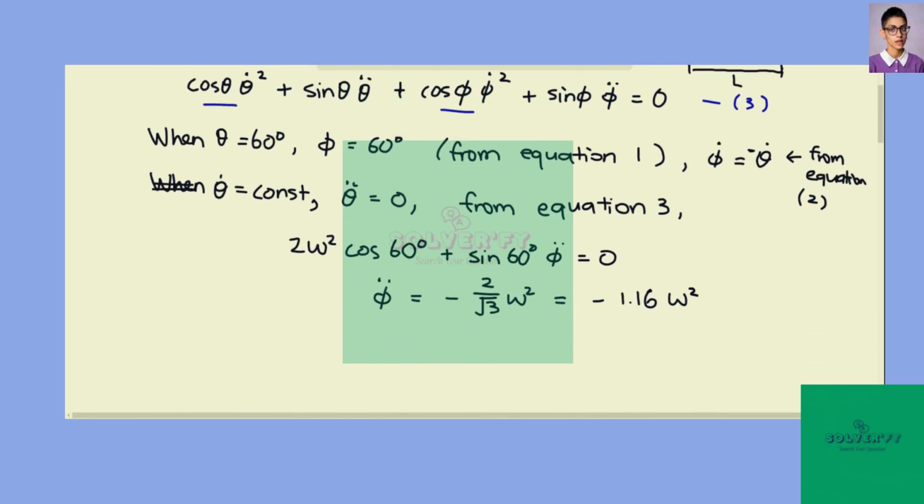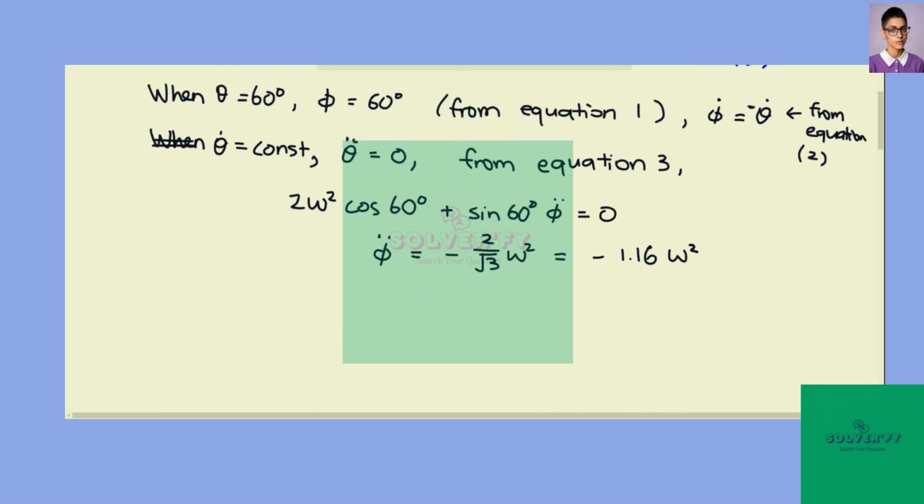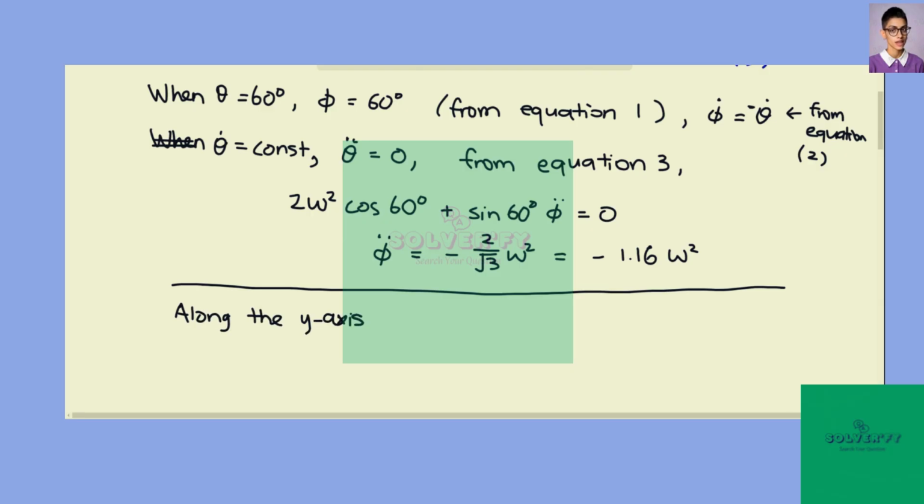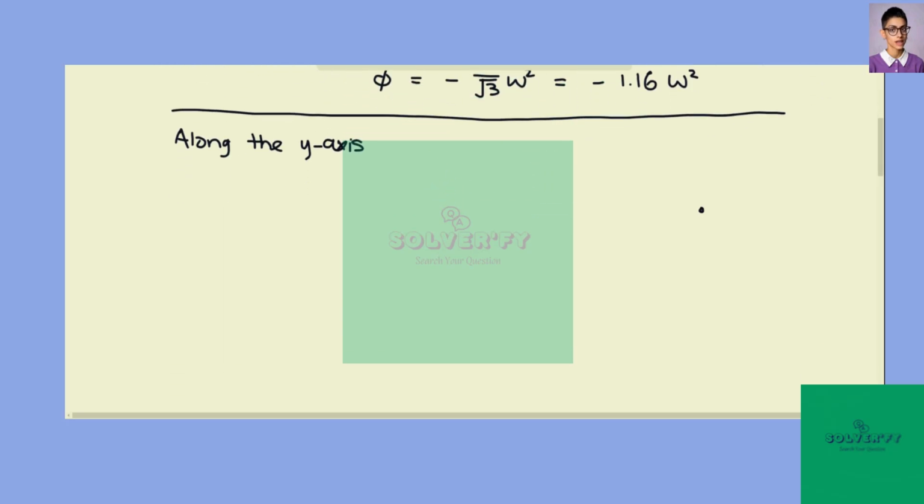Okay, so from the diagram, along the y-axis, just to repeat the diagram over here, we are going to have y equal to L sine theta minus L sine phi.